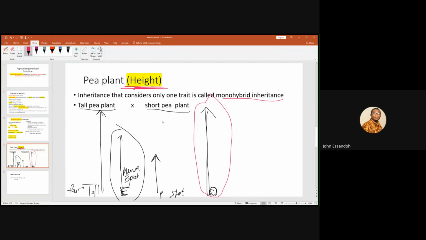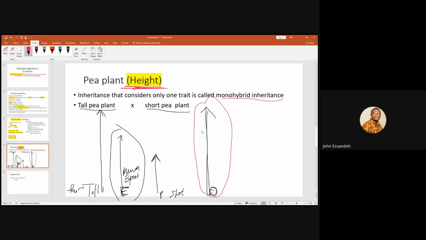And all of them were following the same trend as the pea plant height. You cross tall pea plant with short pea plant, and all the offspring came out to be tall. Wow. What is actually going on? This is strange. Something is happening.